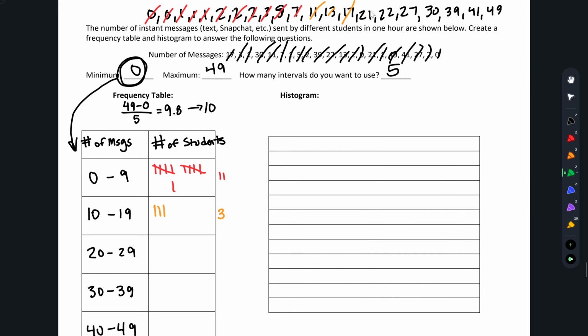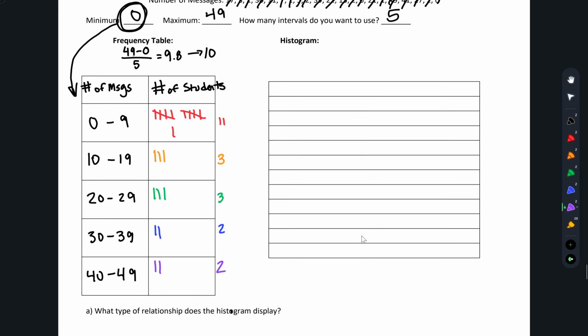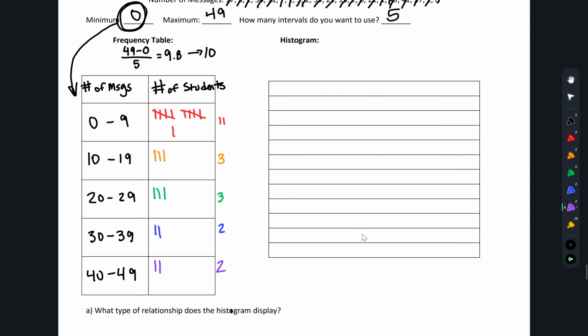Everything between 20 and 29. 1, 2, 3. Everything between 30 and 39. 1, 2. And then everything between 40 and 49, which is also 2. There's our frequency table done.